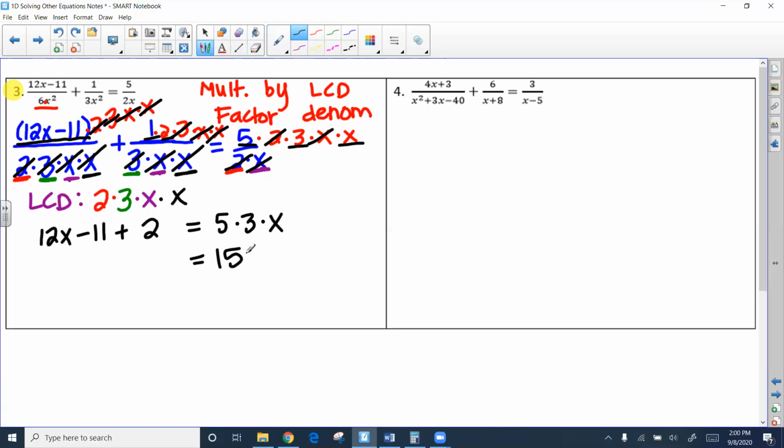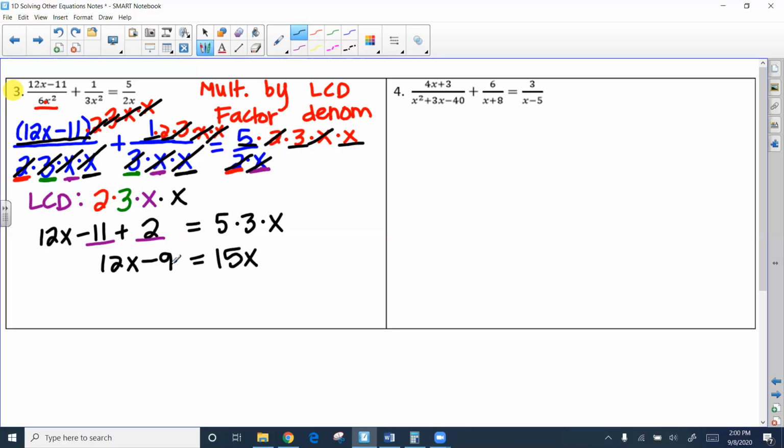Okay. So on the right side, we're just left with 15x. On the left side, we had 12x minus 11 plus 2. I'm going to go ahead and combine the negative 11 and the plus 2 because we want to simplify. So on the left side, we'd have 12x minus 9.